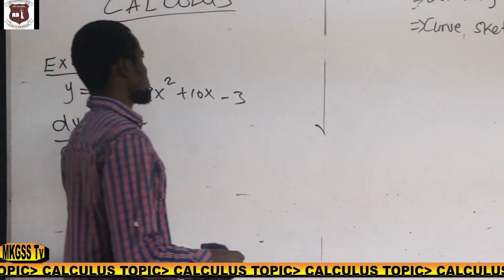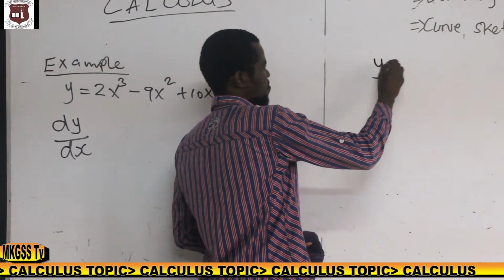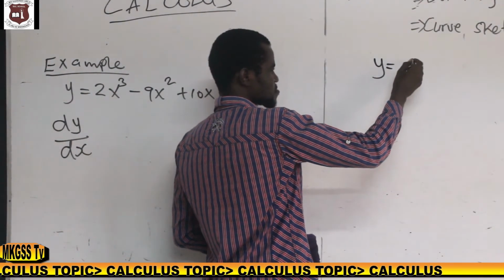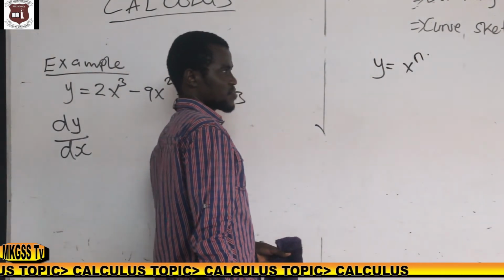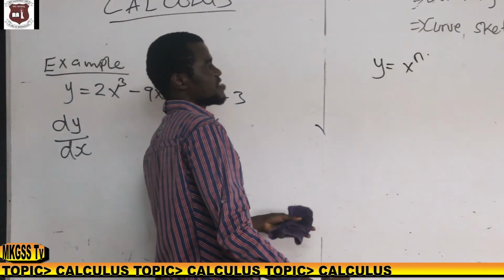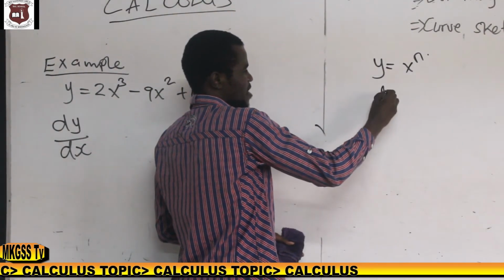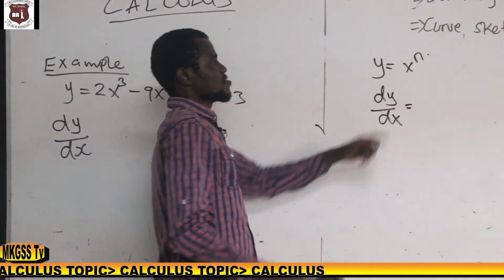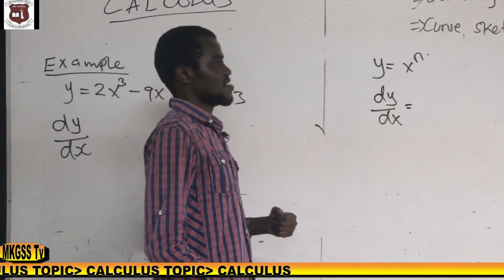And this is the general formula for differentiation. Generally, if we have equation of a curve in this form, x raised to n, the differentiation in this form of an expression is normally dy dx. And this gives you whatever we have as the power normally multiplies everything.